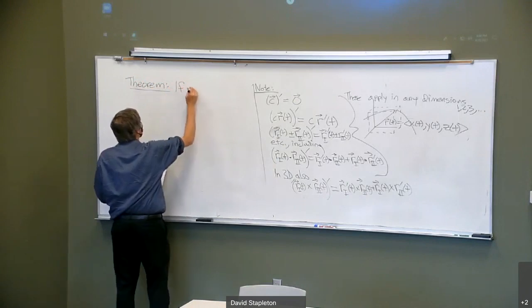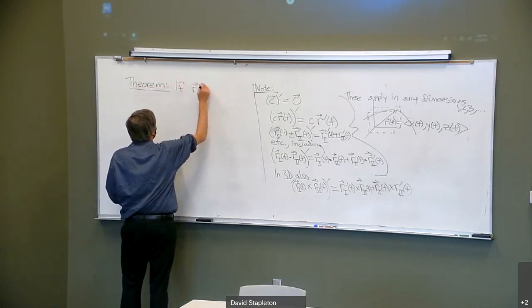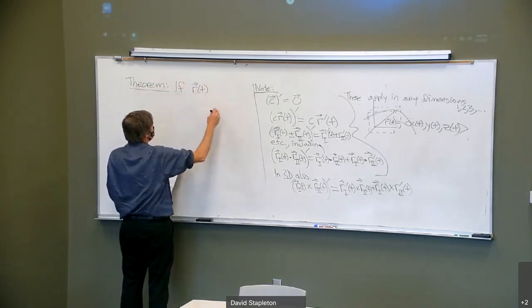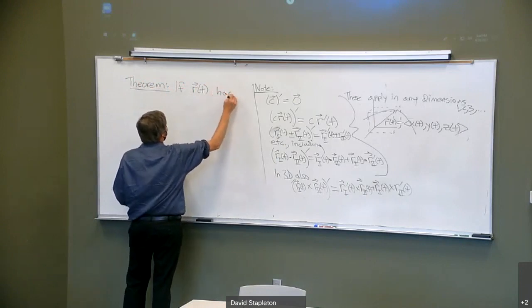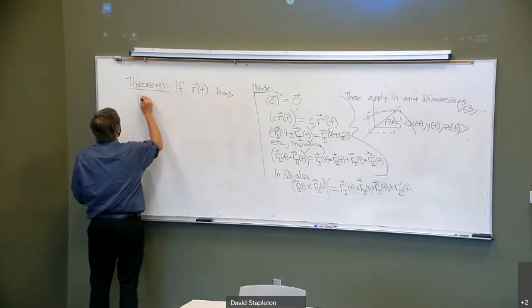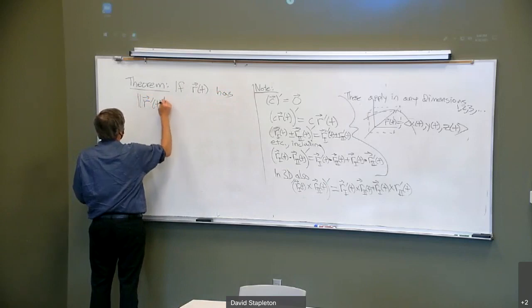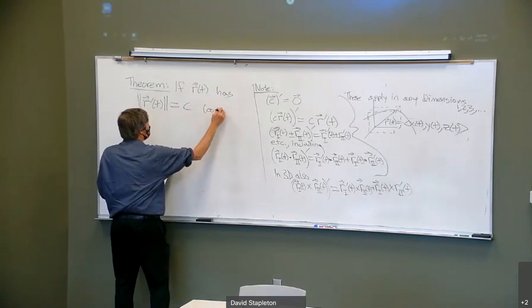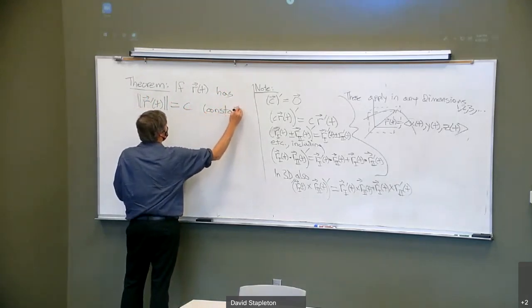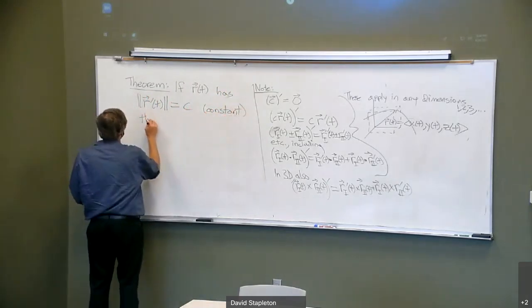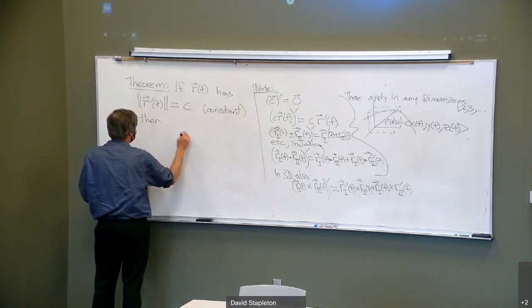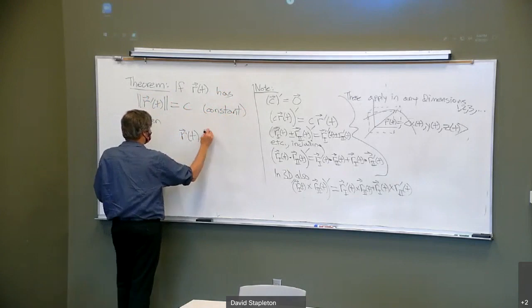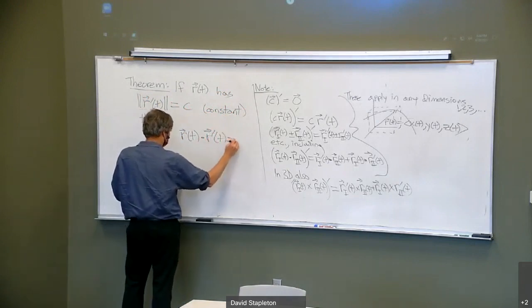If r of t, a parametric vector valued function, has r prime, the tangent vector, of constant length equal to a constant C, then it turns out this interesting property holds. r of t dot r prime of t is equal to 0.